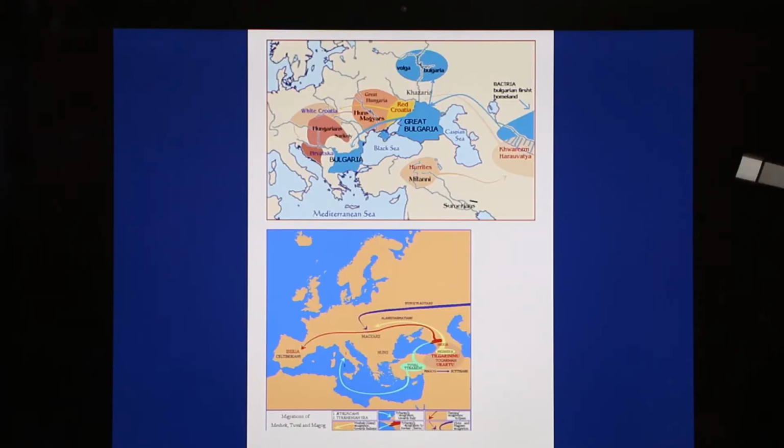And here we have another. So now we're dealing with people that also call themselves Bulgarians. Remember, we saw that the Bulgarians were the Scytho-Sarmatians. So here we see them in Khwarezm or in northern Iran. And then they go to Great Bulgaria.